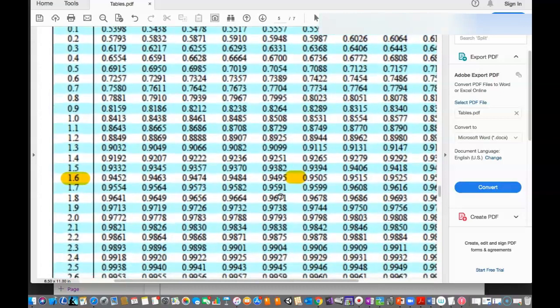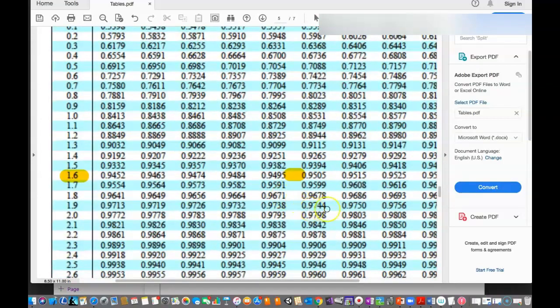So finding that area here in the body of table. Okay, that's here. So we have 0.975 going to left.